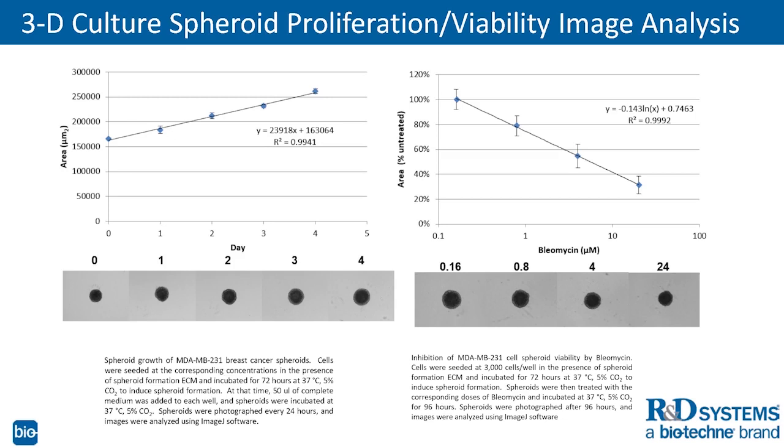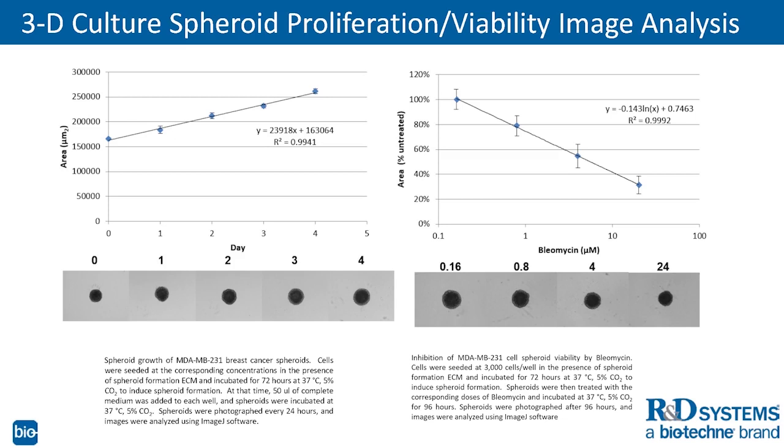On the left, we see spheroids. This measures the spheroid area. Right below the graph are pictures of the spheroids themselves, and we see that the spheroids expand over time, over this 4-day assay. And we also see nice, tight error bars with these measurements as well.